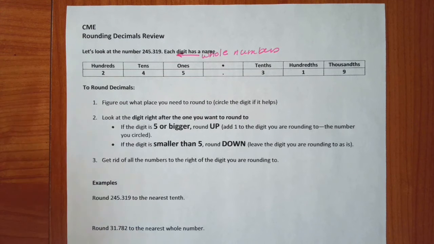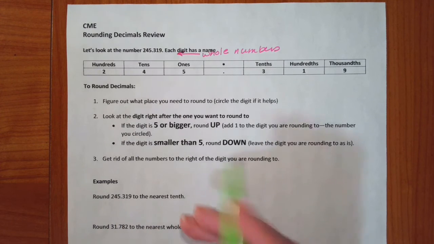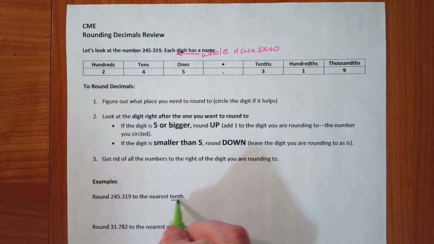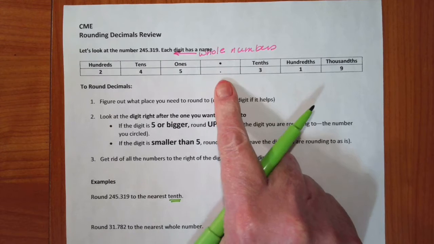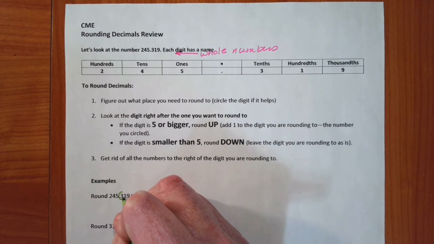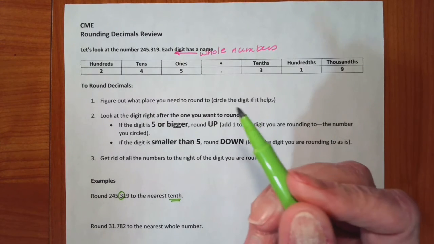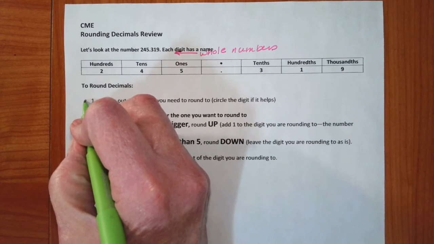Okay. So, if I want to take 245.319 and round to the nearest tenth, tenth is that first spot after the decimal, so that's what I'm going to circle. So that's what I did in step 1.